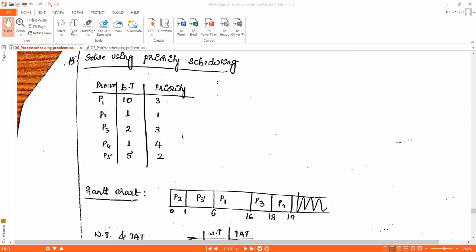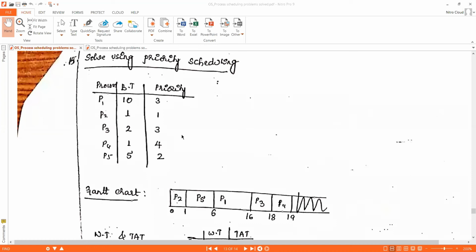Process 1 has priority 3 and process 3 also has priority 3. We have assumed that the processes arrived in the order process 1, process 2, process 3, process 4 and process 5.